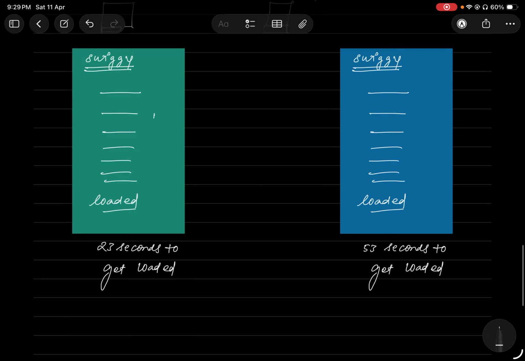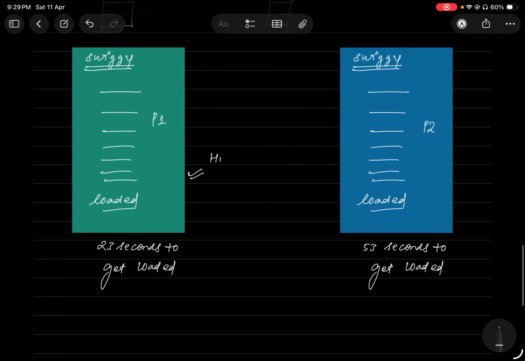This is for person 1, this is for person 2. So we can definitely say that the performance of person 2 is a bit slow, and the performance of person 1 is higher performance.